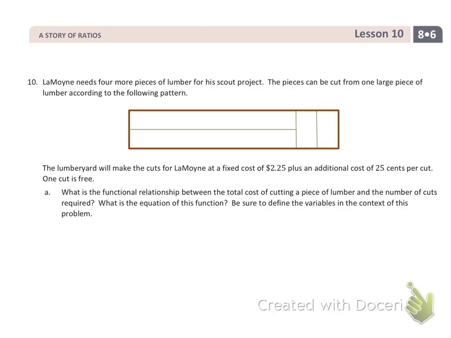So we could do this a couple ways. We could let X be the number of cuts required. Okay, so if we let X be the number of cuts required, then what will that function be? So think about that for a minute.